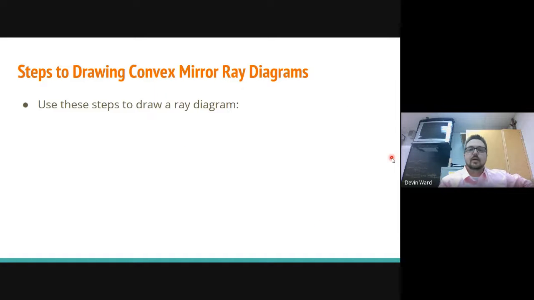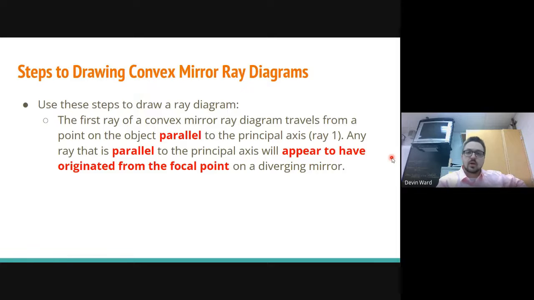So steps to drawing convex mirrors, they're really similar. So you do the first ray that's parallel to the principal axis, and then once it hits the mirror, it's going to appear as though it originated from the focal point. Okay, so it's going to hit, and you're going to have to extend the line from the focal point behind it.